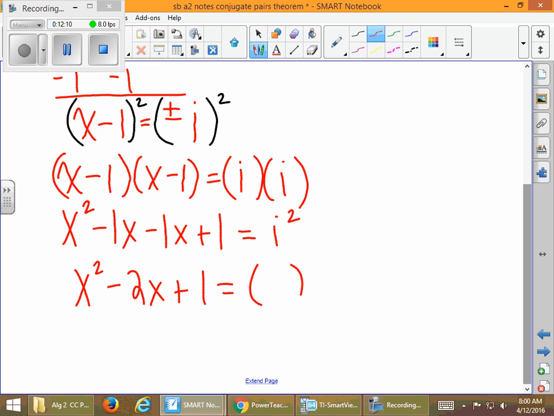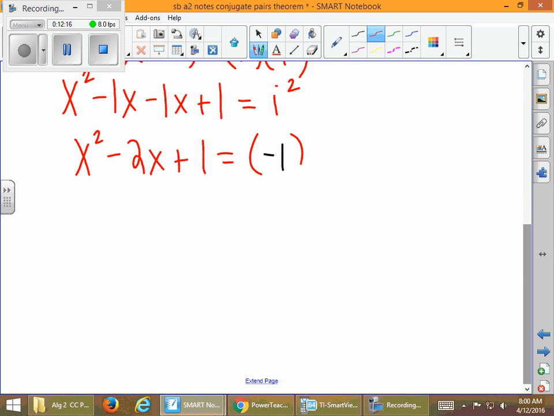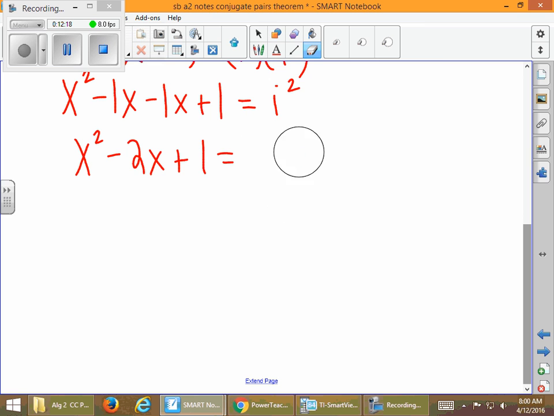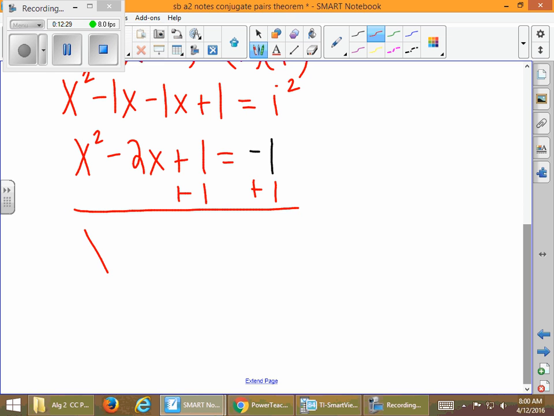And what does i squared equal? Negative 1. I'm back to haunt us. So I don't really need parentheses around that, but I'm going to put the negative 1 there. And then, to finish this part, we're going to add 1 to both sides. And we get x squared minus 2x plus 2. Don't put the equal 0.